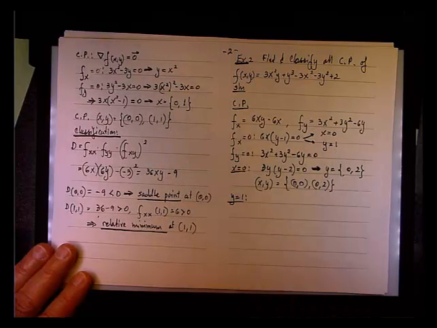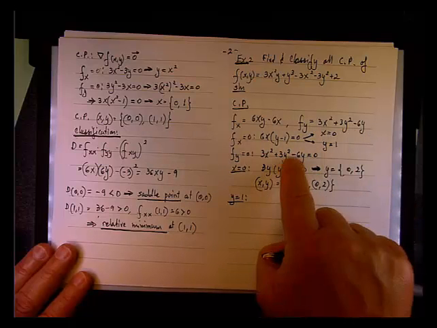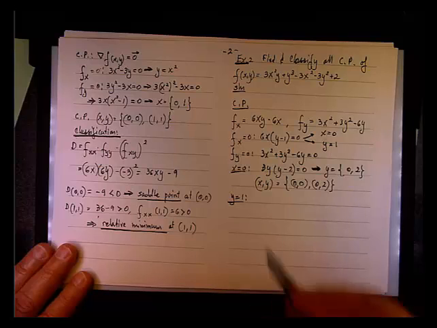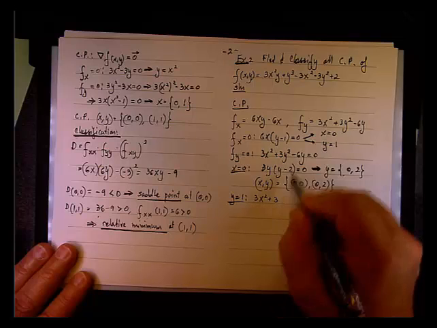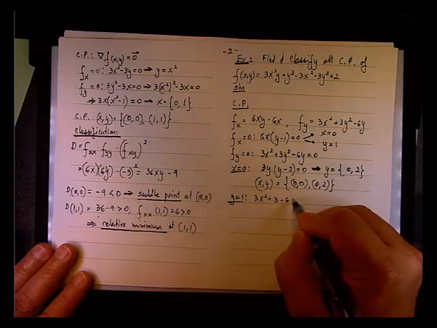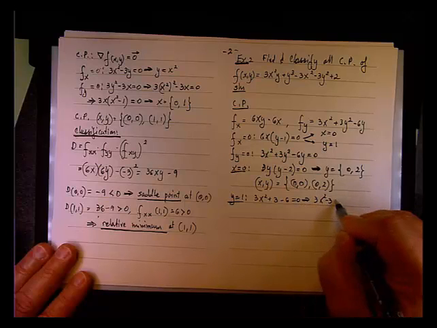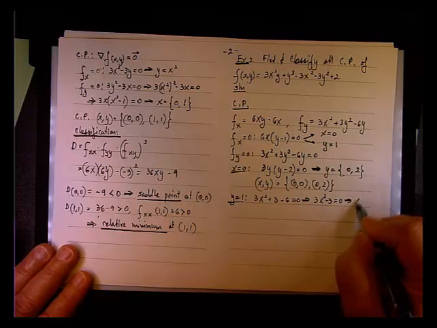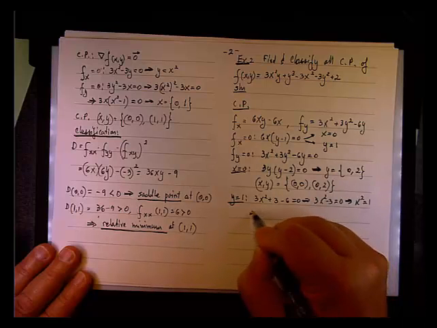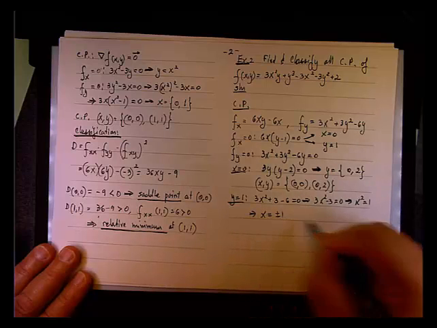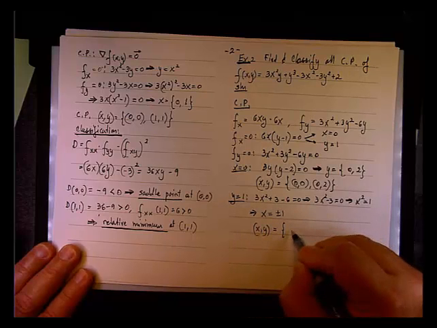Okay? And now I'm going to plug y equals 1 in there. When y equals 1, I'm plugging it into del f del y. So I have 3x squared plus 3 times 1 squared, or 3, minus 6 equals 0, or 3x squared minus 3 equals 0, or x squared equals 1, and therefore x equals plus or minus 1.